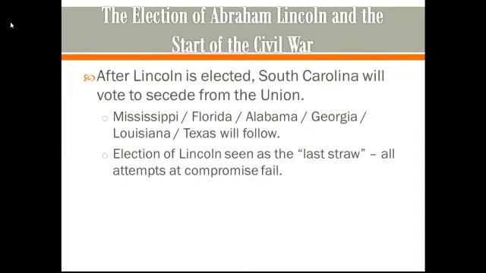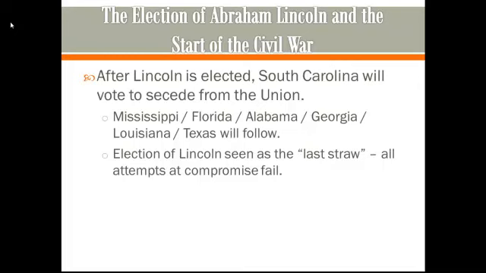So after Abraham Lincoln is elected, the South believes that basically their time in the United States should be over. Lincoln wasn't even on the ballot in the southern states, and Lincoln to them is not their president. And so, almost immediately after Abraham Lincoln is elected president, South Carolina holds a vote where they elect to secede and leave the United States and create their own kind of independent country.